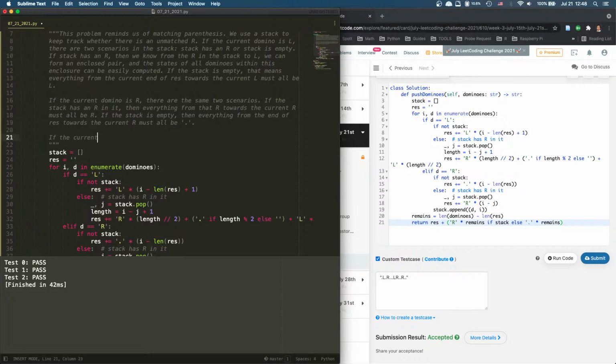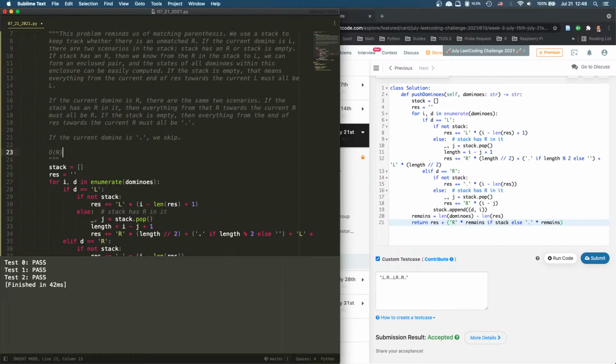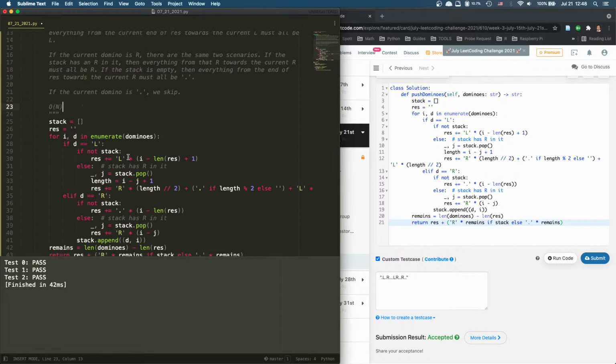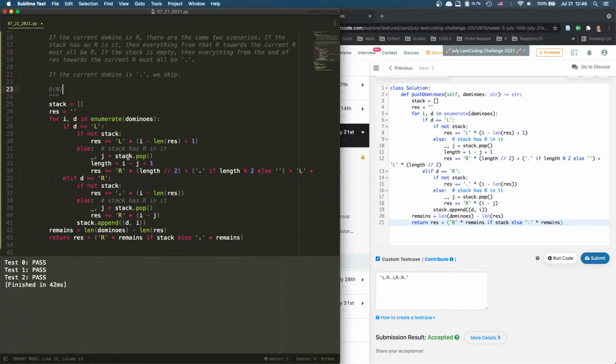If the current domino is dot, we skip. So it runs in O(N), and that's that.